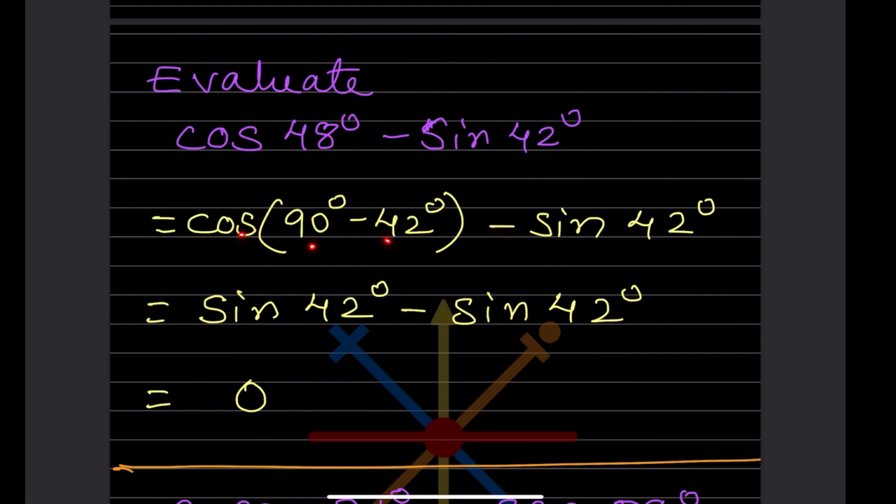So for this one, we can say cos(90 minus theta) is going to be sin theta. This is theta, so here we have 42. So here we can write sin 42, and this will be same here. This is plus, this is minus. So that is going to be 0.